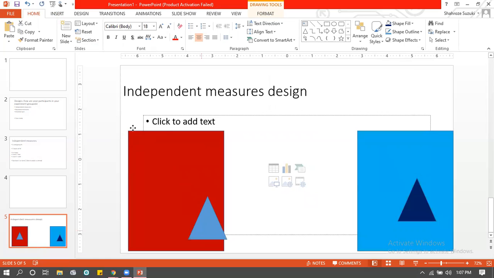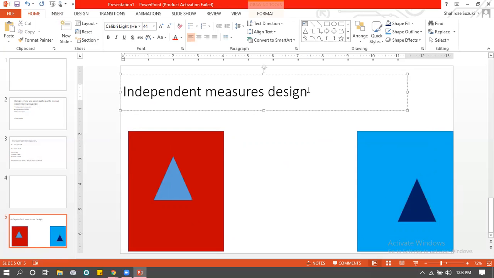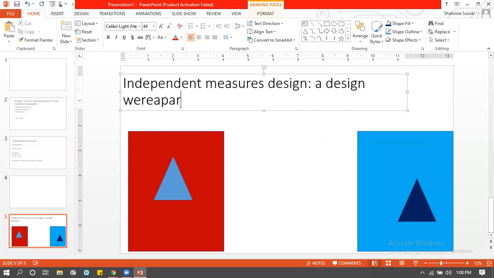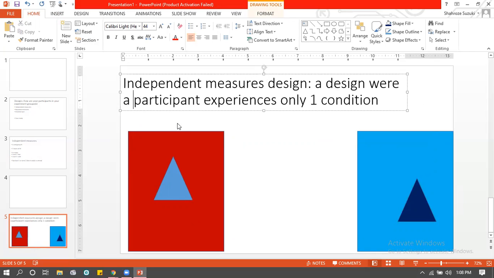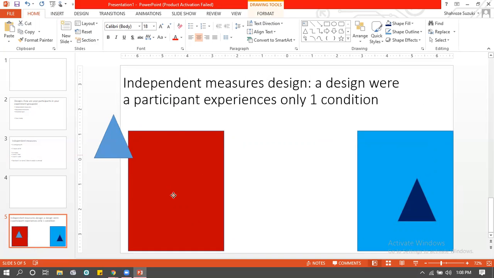If this guy sits here and sometimes later goes here, that's going to be another design. So independent measures design is a design where a participant experiences only one condition. In this experiment, a participant only experiences one temperature, not the other.